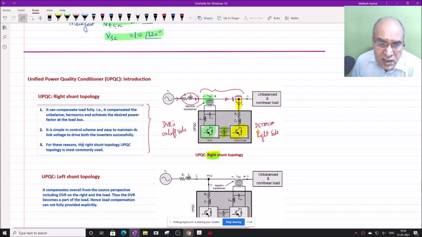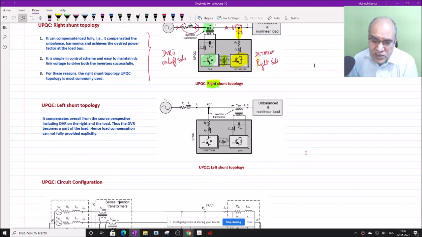For this reason, the right shunt topology is most commonly used for the UPQC configuration. Left shunt topology can also be used depending upon the application, in which the DVR that we discussed just now is on this side, and the DSTATCOM is on the left side.